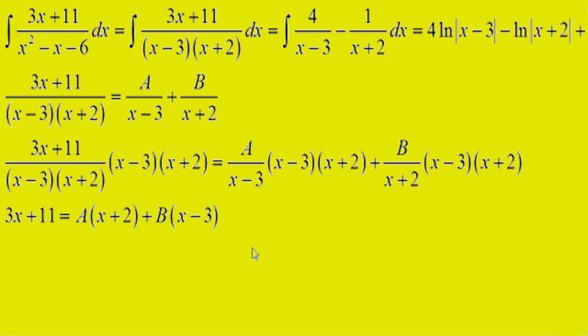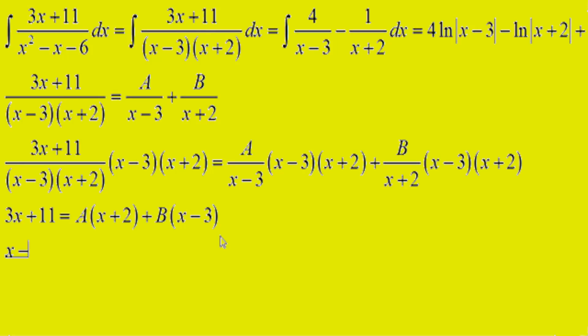The easy way out is to realize that these two sides are an identity, and therefore are equal. So any value of x we put in will make the statement equal on both sides, and then we can use those values of x to solve for A and B.